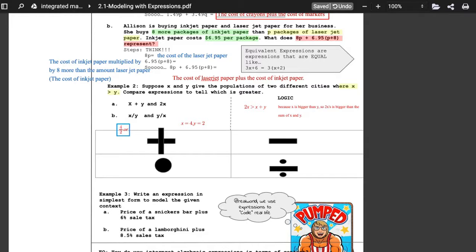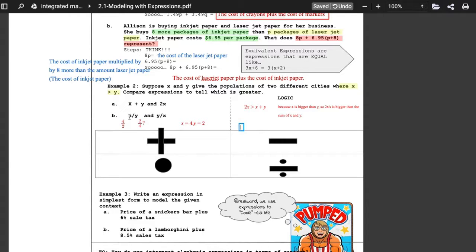So when you're looking at these type of questions, it's kind of helpful to put numbers into it to make sense of it. And if I look, well, 4 divided by 2 is 2. 2 divided by 4 is 1/2. So actually 4 over 2 is going to be bigger.